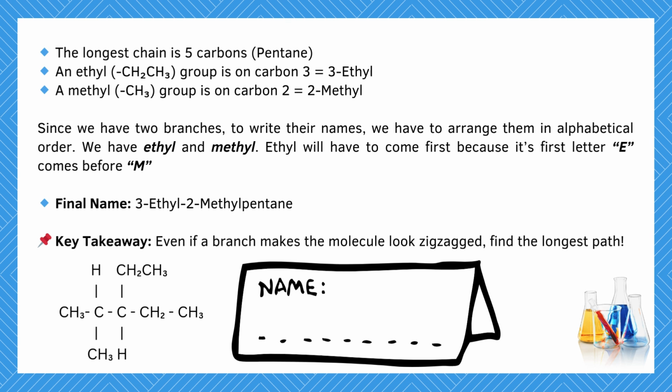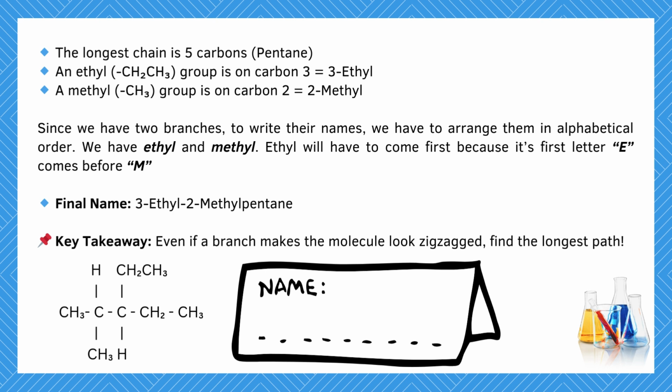Since we have 2 branches, to write their names, we have to arrange them in alphabetical order. We have ethyl and methyl. Ethyl will have to come first because its first letter, E, comes before M. So the final name therefore becomes 3-ethyl-2-methylpentane.